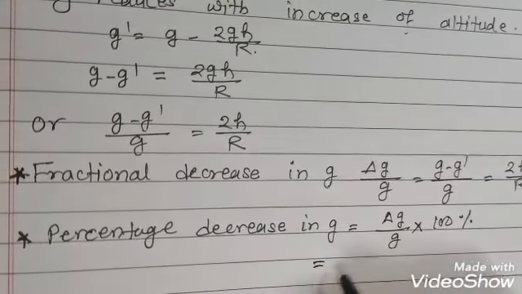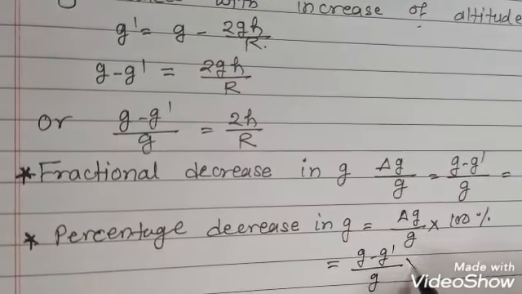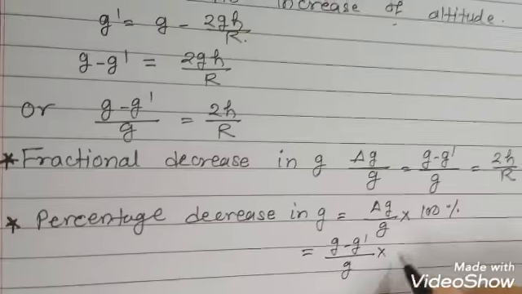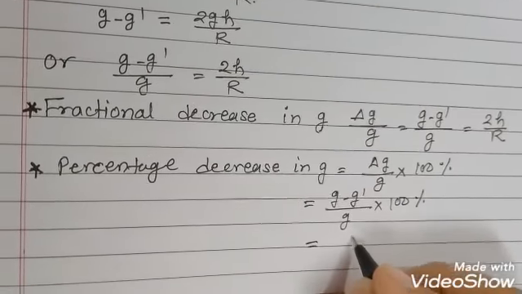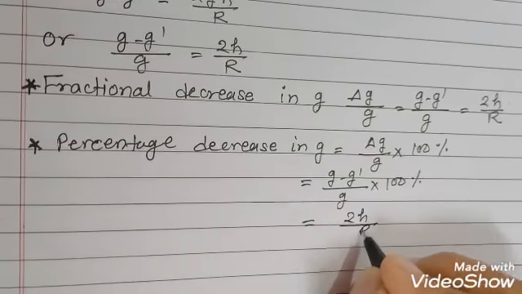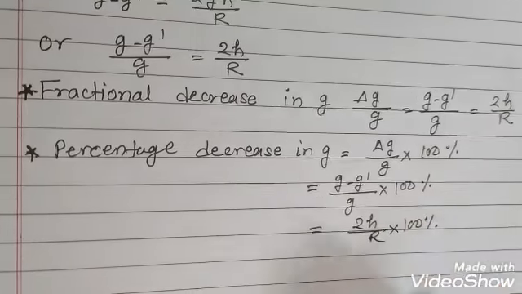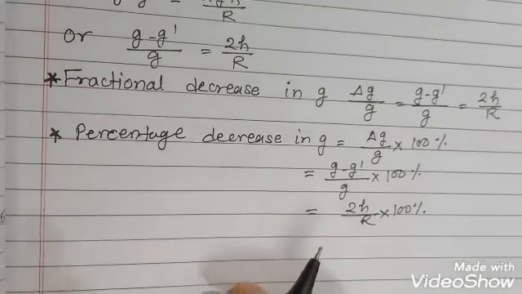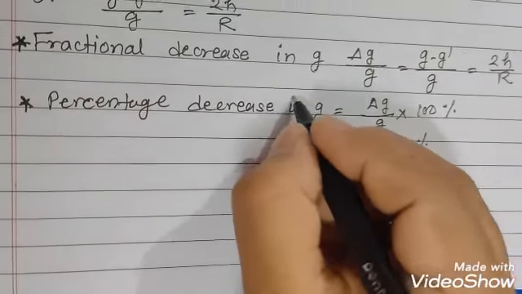So this is g minus g dash upon g times 100%, or you can say that is 2h upon r multiplied by 100%. So this will give you the percentage decrease in acceleration due to gravity with altitude here.